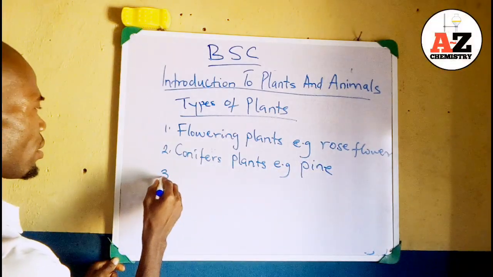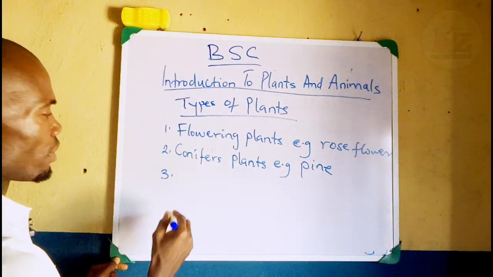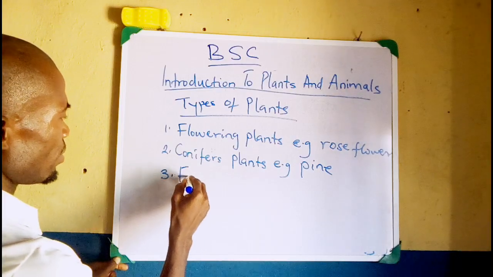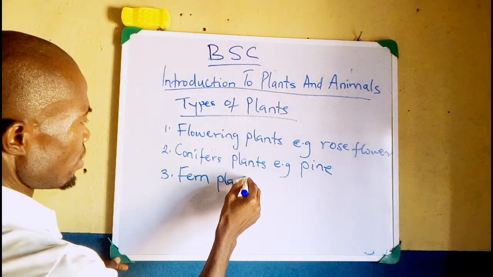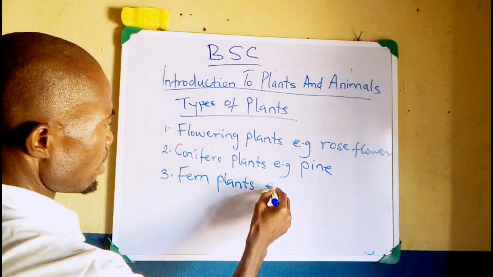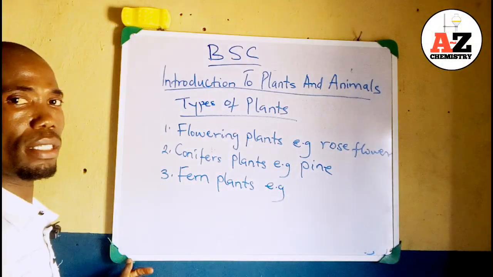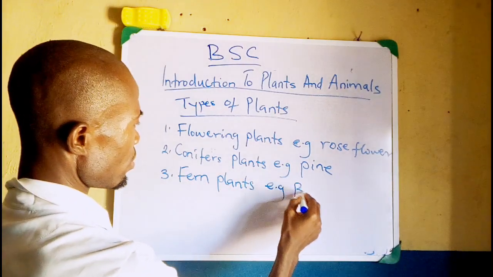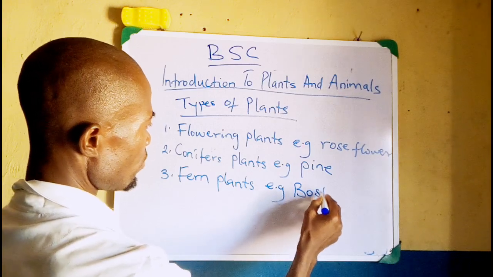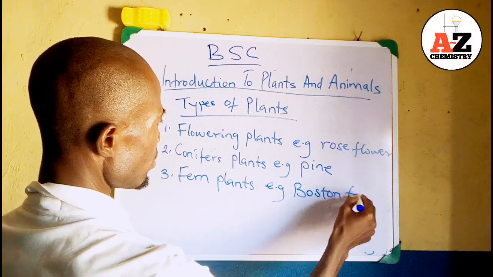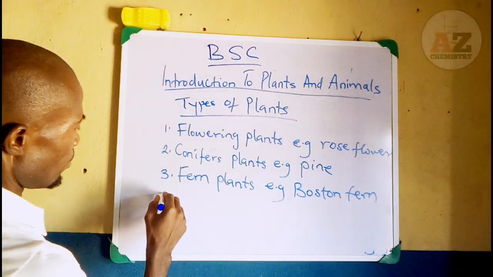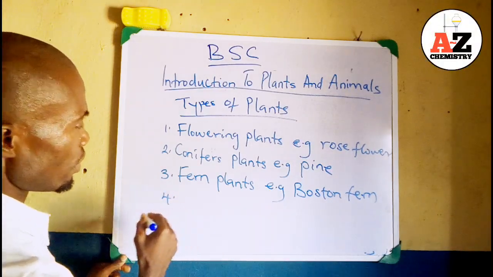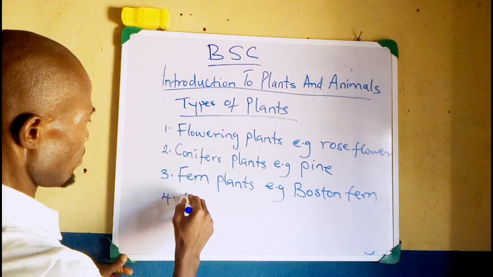Then the third type of plant we'll have is fern plant. An example is Boston fern. And the last type of plant we'll have is mosses plant.